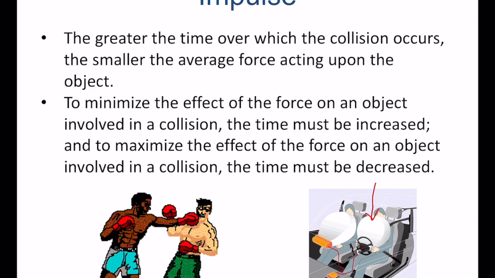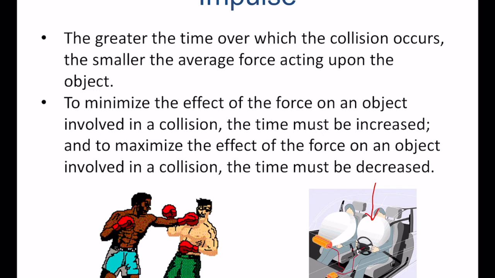So the automobile airbag does the same thing. So if the car comes to an abrupt stop, then as a result of inertia, the driver would continue moving at the same speed of the car and slam into the steering wheel of the car, and the steering wheel would bring them to a stop immediately, which would mean a very small delta t and a very large F average.